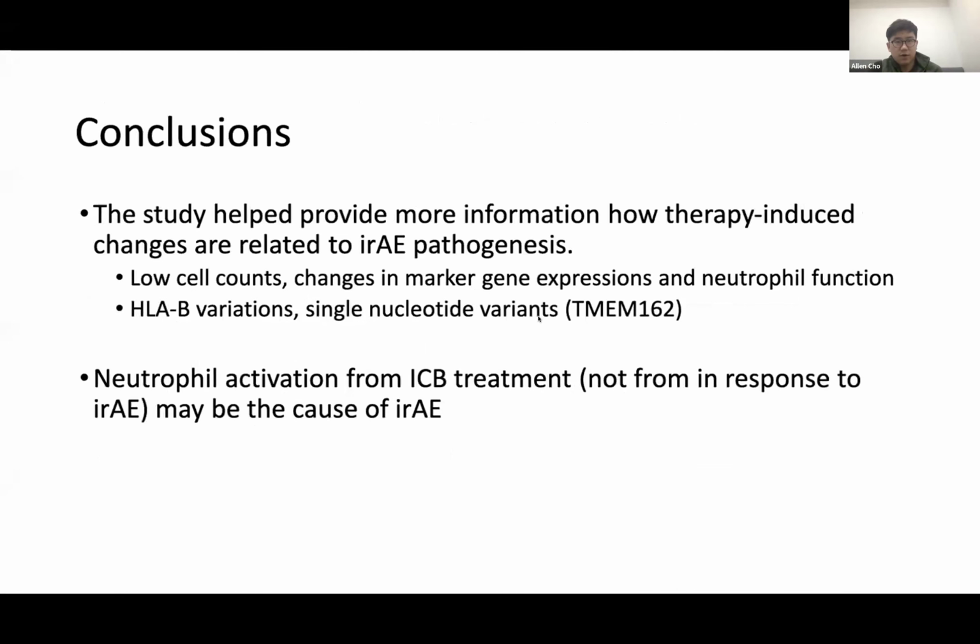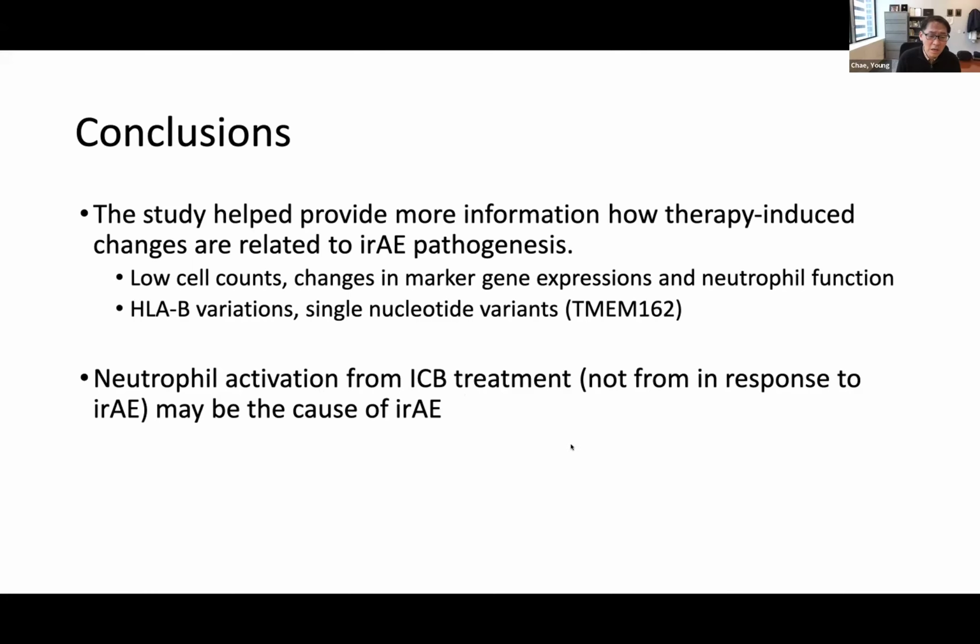And so that's kind of how it ended up concluding. They found a lot of things that showed some kind of connection between the two, and they found new mutations such as TMEM162. They also found that the neutrophil activation was just from the immunotherapy itself, causing the neutrophils to increase, rather than the adverse events causing neutrophil activation to occur.